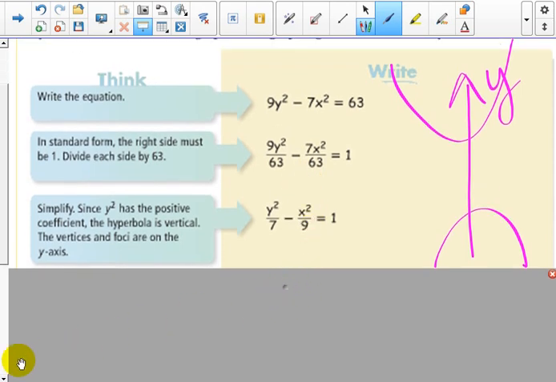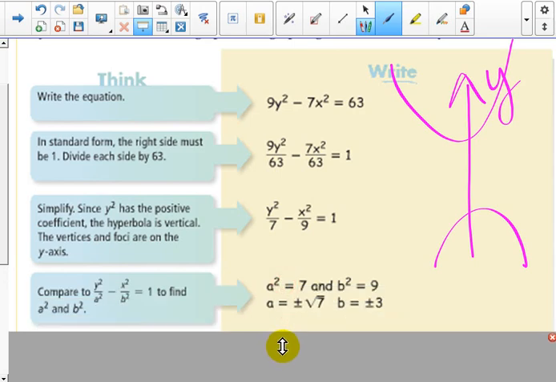So we know that, well, let me just scroll it down. This is my a squared. That's my b squared. So my a squared is equal to 7, my b squared is equal to 9. So to get down to the a value, it's going to be positive negative square root of 7, right?